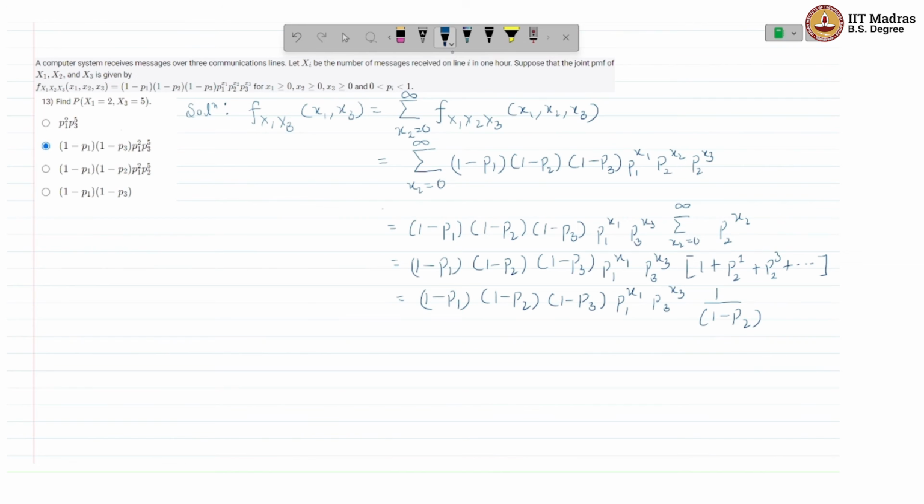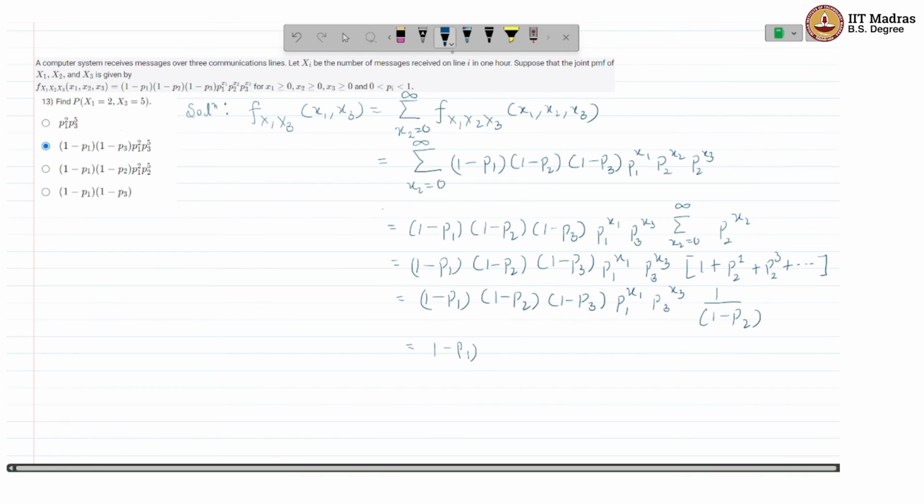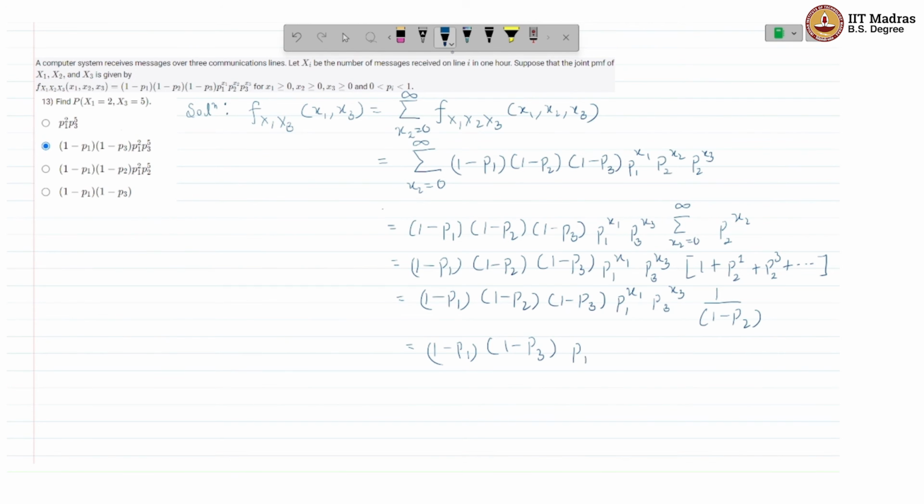So the joint PMF of x1 and x3 will be (1 minus P1), (1 minus P3), P1 raised to the power x1, P3 raised to the power x3. So this is the required PMF.